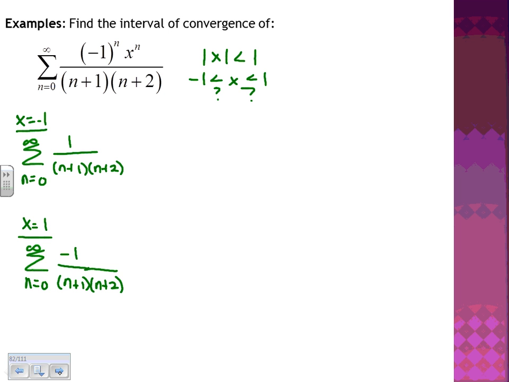So it's bigger. Do you guys do a direct comparison or a limit comparison or both? Direct. Okay. Anybody do a limit?